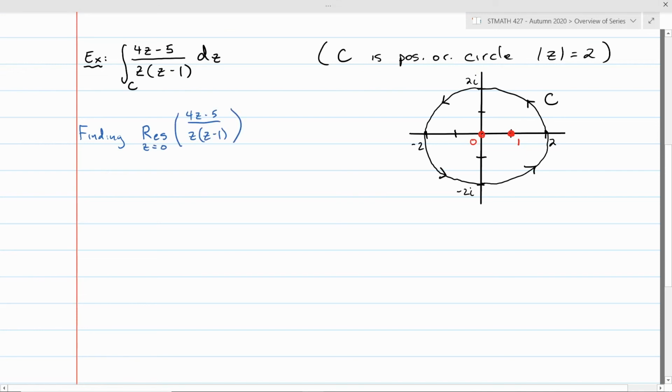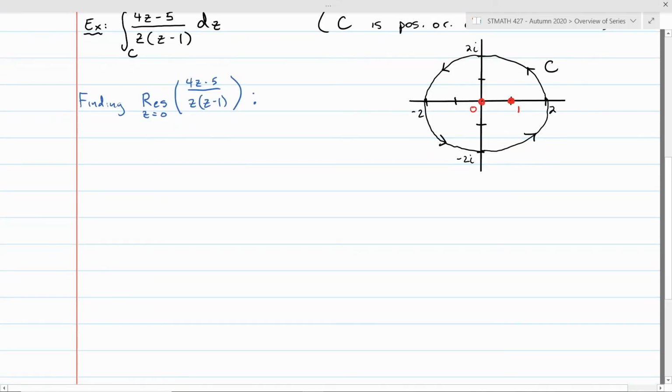So to get the residue, we just have to find the Laurent expansion and then pull off the coefficient of the z to the negative 1 term. Well, 4z minus 5 over z times z minus 1. How can we manipulate this?